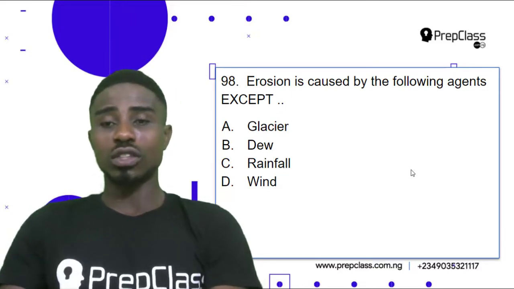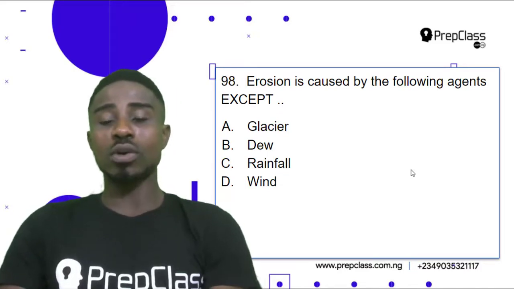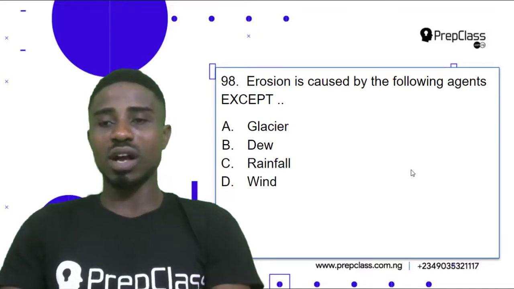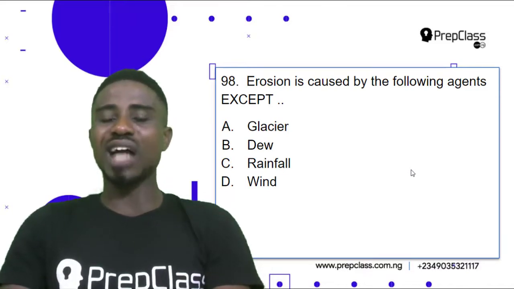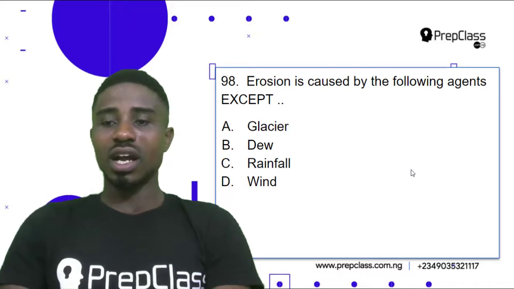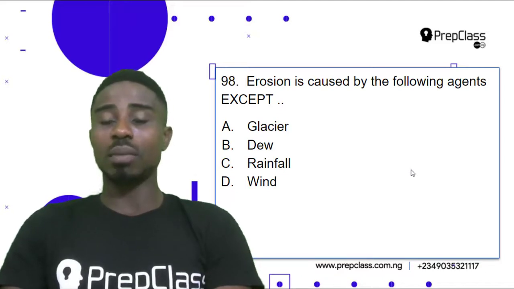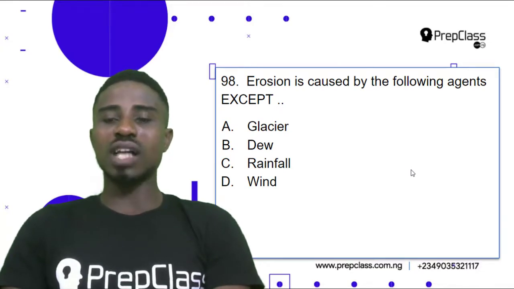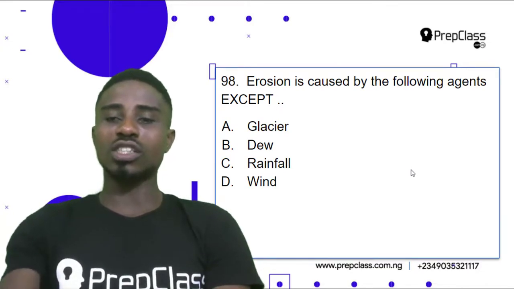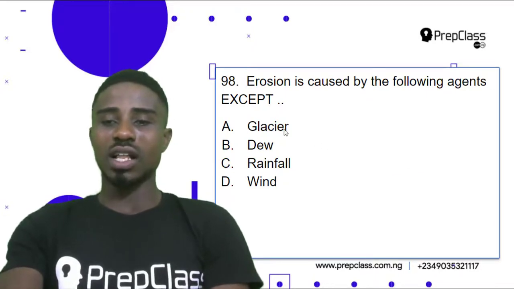What is erosion? Erosion is a geographical process in which earthen materials are worn out and transported, either by water, by wind, or by ice. That's what erosion is. So, which one of these answers our question? Now, let's analyze them. Glacier.